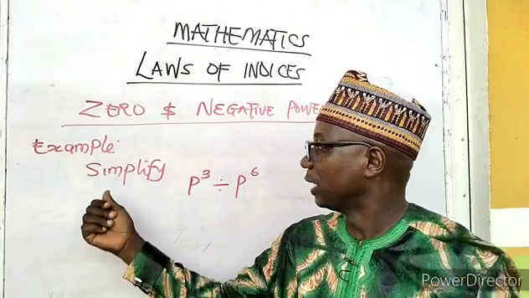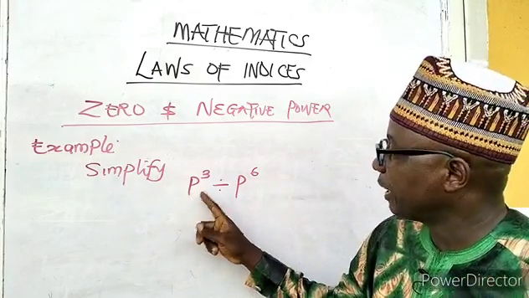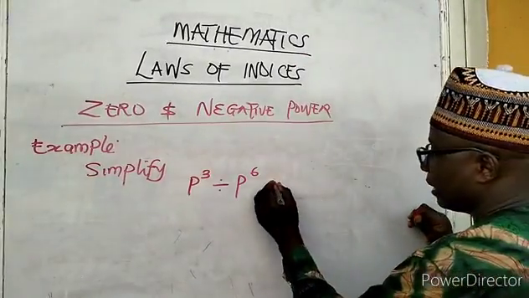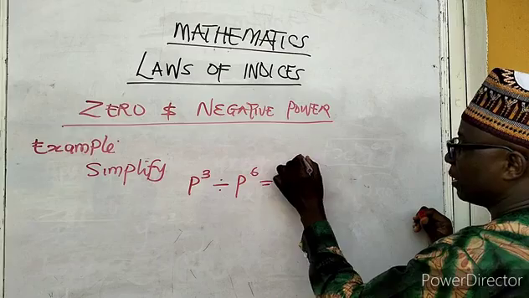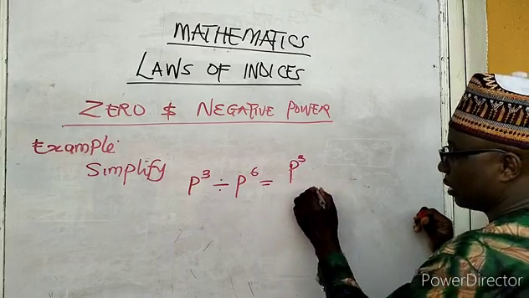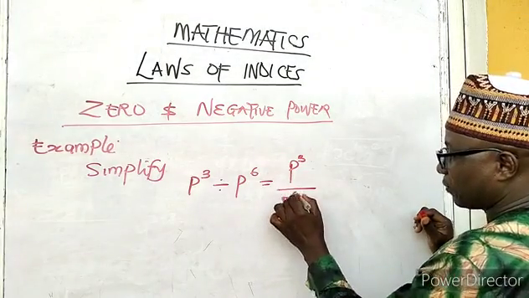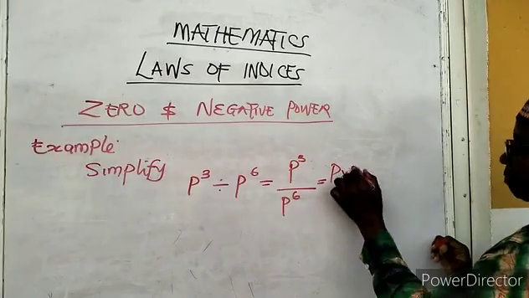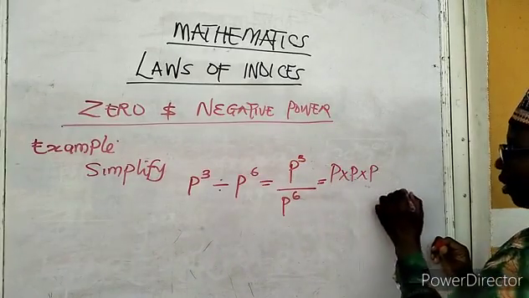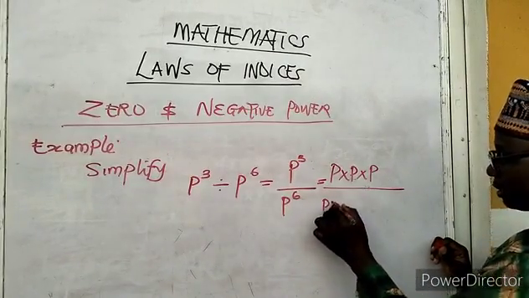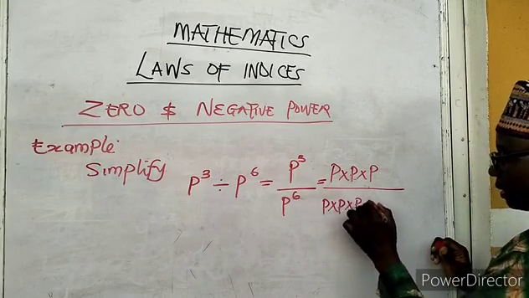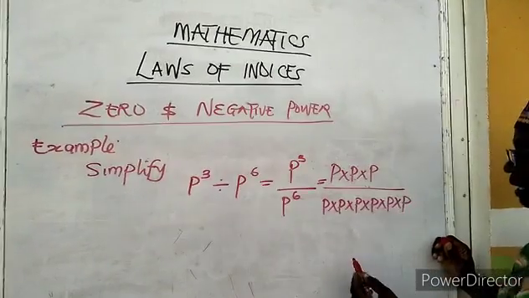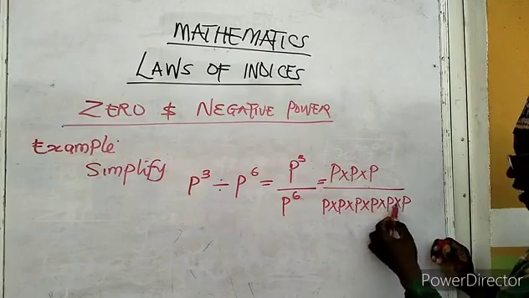For example, we want to find another thing like this. Simplify p raised to the power of 3 divided by p raised to the power of 6. This one is same thing as p raised to the power of 3 all over p raised to the power of 6. So this one is same thing as p times p times p all over p times p times p times p times p times p, 1, 2, 3, 4, 5, 6.